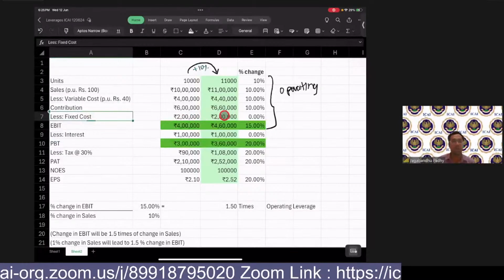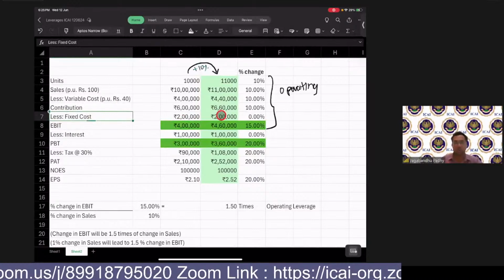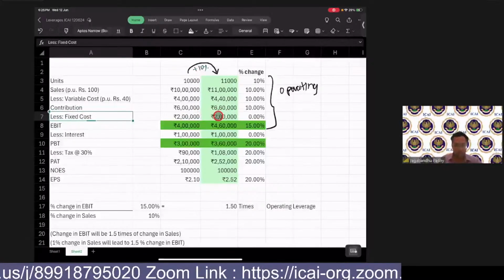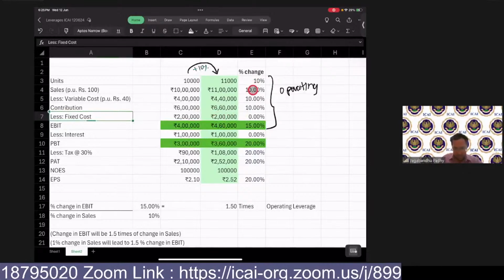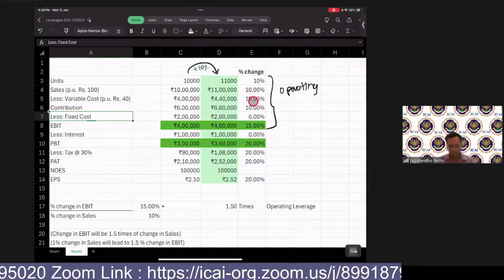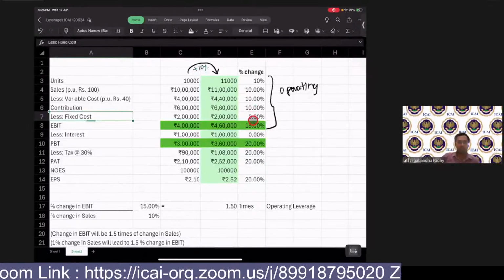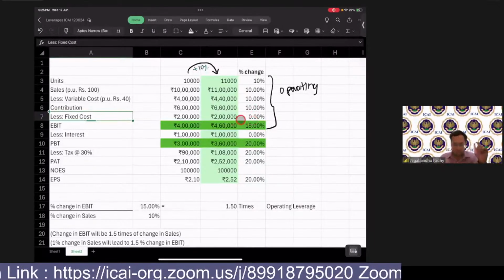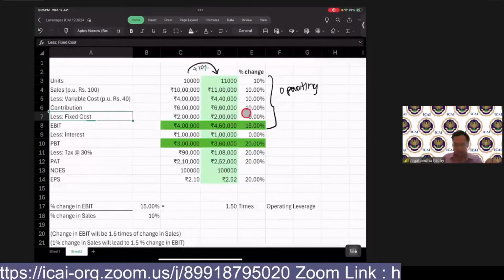Now my question is, having leverage in your operating part is triggered by the fixed operating cost. Everywhere the change in sales is 10%, but the figures change as soon as you cross the fixed cost barrier. Now the change in EBIT that you observe is 15%, which is more than 10%.